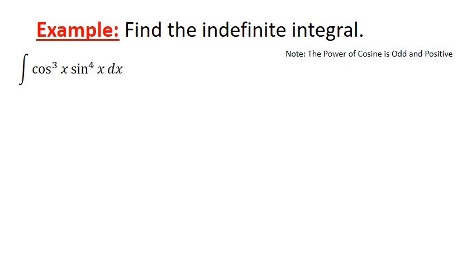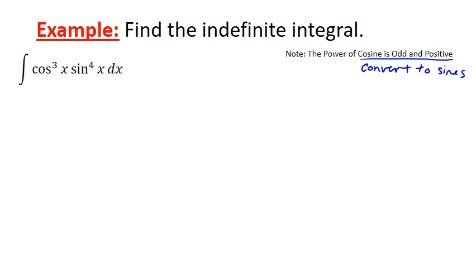If you look at this, you have cosine and sine, and the cosine is odd and positive. So since cosine is odd and positive, if you refer to the previous slide, you'll see that we should really convert cosines to sines.